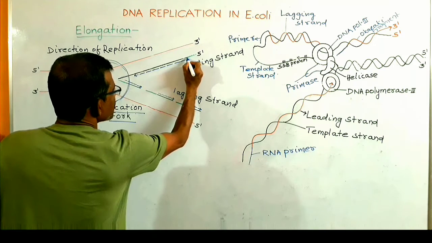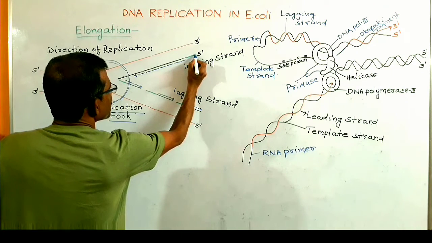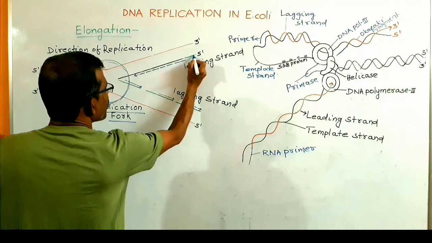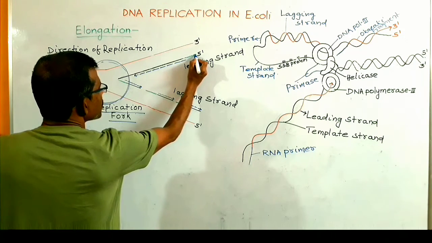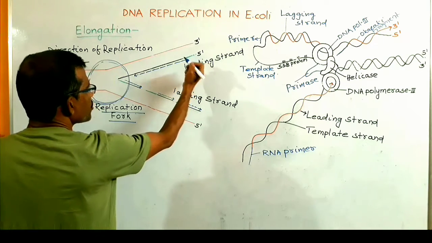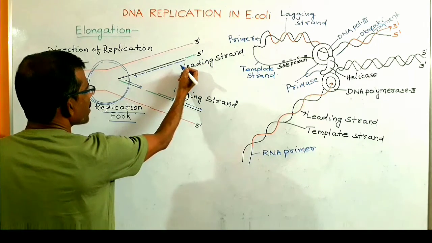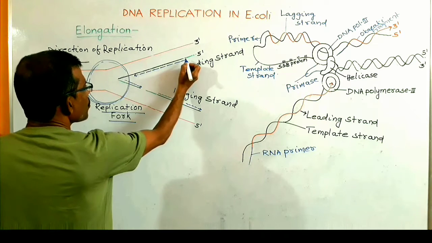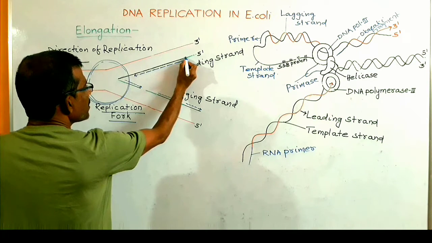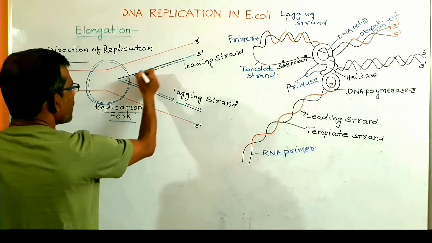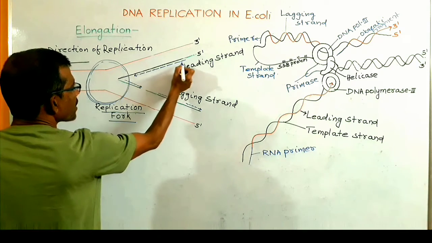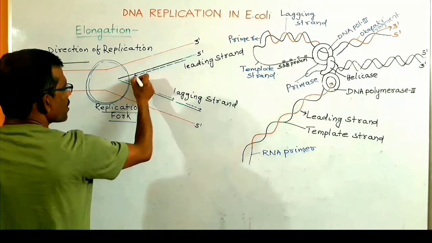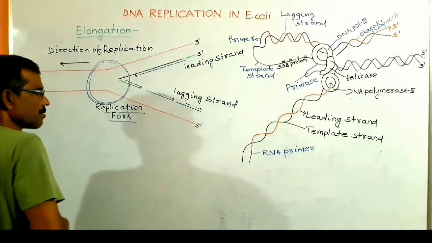This green patch is known as RNA primer, and this RNA primer is laid down by the enzyme primase. After the synthesis of RNA primer, it is the job of the enzyme DNA polymerase 3 to add nucleotides to the free 3-hydroxyl group of the RNA primer, thereby extending the chain. So this new complementary strand is synthesized in 5' to 3' direction. It is a simple process.